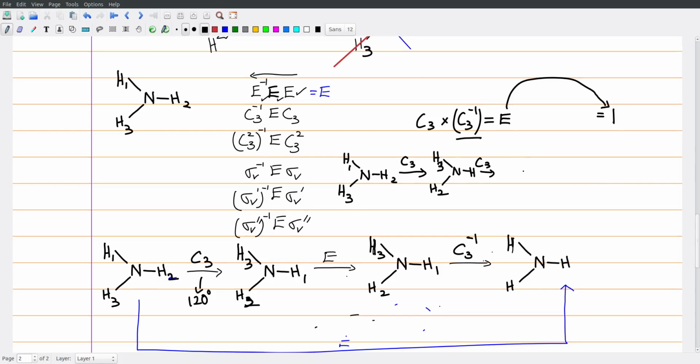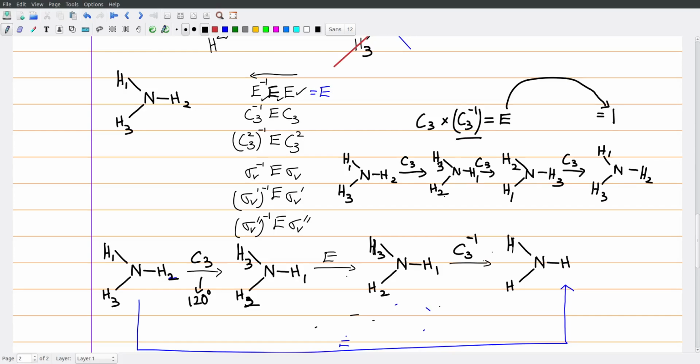Again you do a C3. What do you get? N, and I'll not label this H. So 2, this will be 3, this will be 2. Now again you do a C3. Please note, if you do C3 again, you will get back to E, right? So if we do again a C3, this will be H1, H2 and H3.